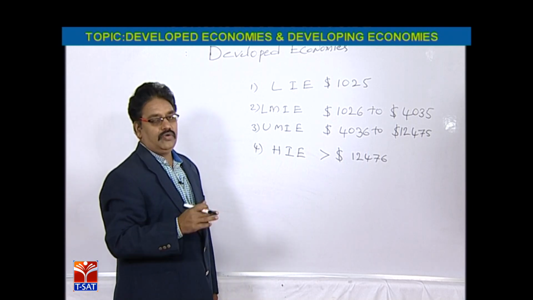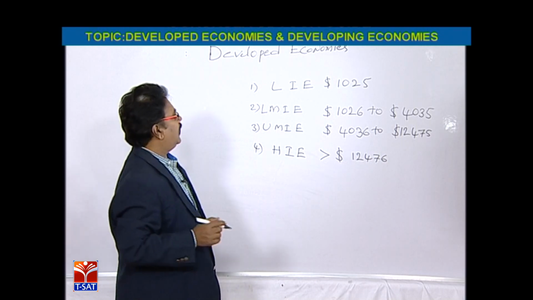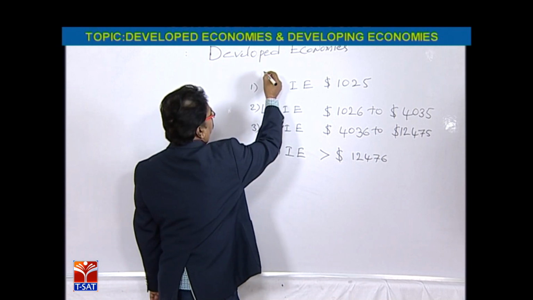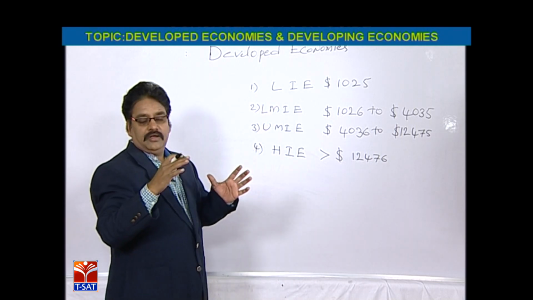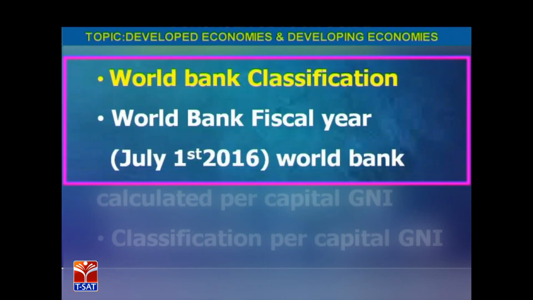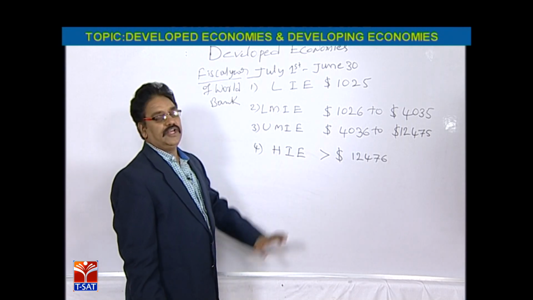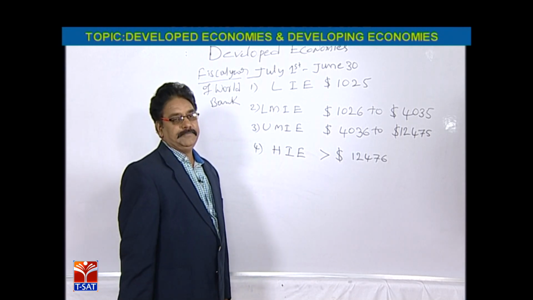This was according to the fiscal year of the World Bank. The World Bank fiscal year starts from July 1st to June 30.